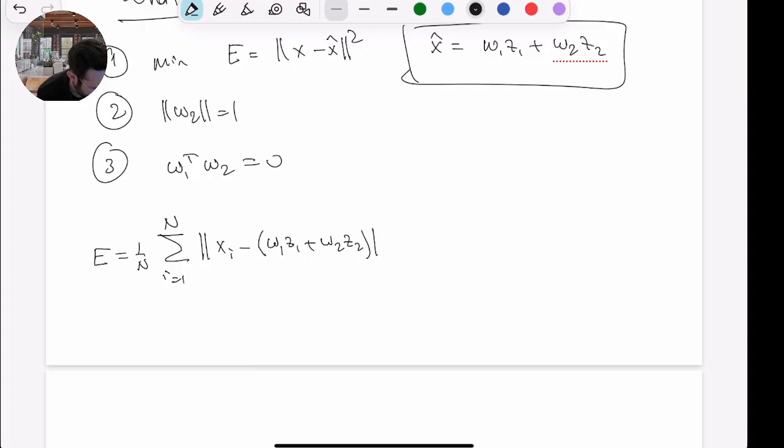Okay, so that's my new thing. Plus, I know my lambda, I'm going to call it lambda 1, w1 transpose w minus.